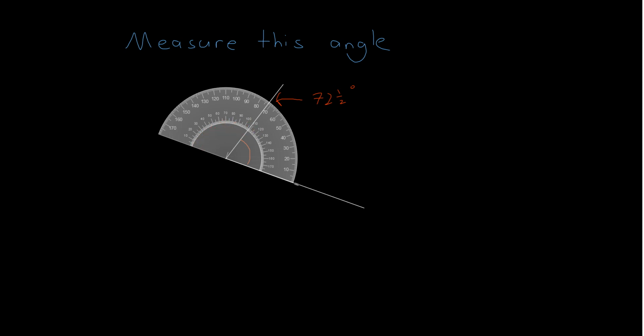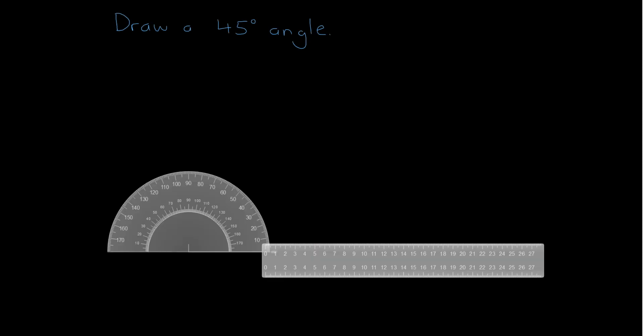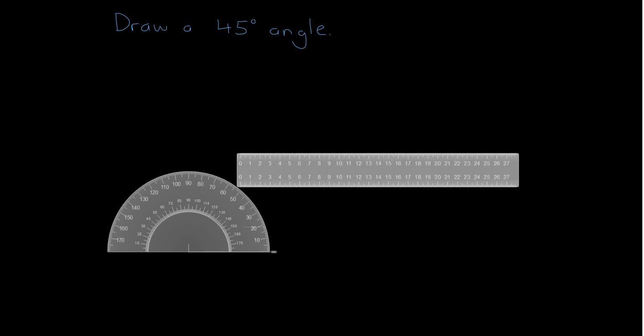Alright, now that we've seen how to measure an angle, let's see if we can draw one. So here we go. Draw a 45 degree angle, and you can see I've got my tools already. I'm going to start off by drawing a line, and I'll get my ruler to measure my line. I can draw my line from anywhere, but let's draw it along here like this. And I'm going to rule a line.